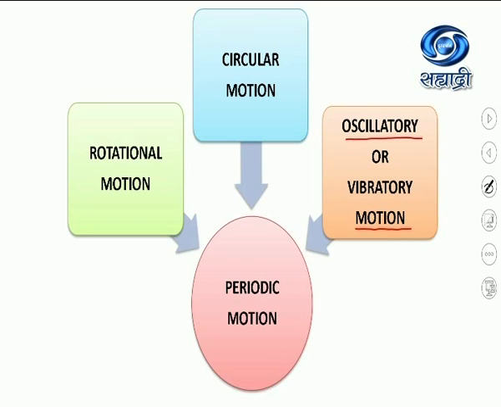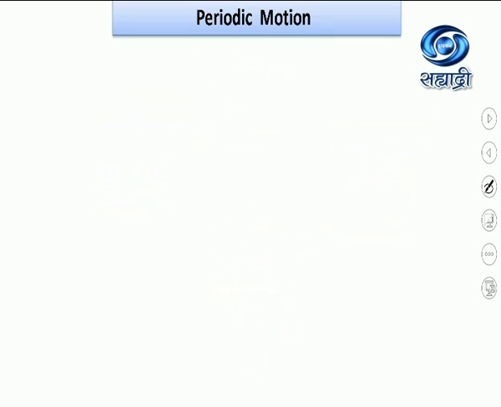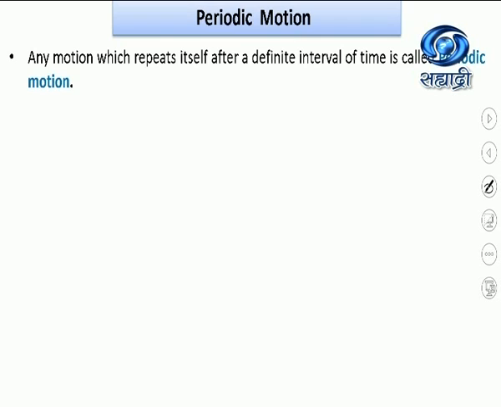Apart from oscillatory and vibratory motion, rotational motion, even circular motion, is also periodic in nature. So let us understand what periodic motion is. Any motion which gets repeated after a definite interval of time is a periodic motion.